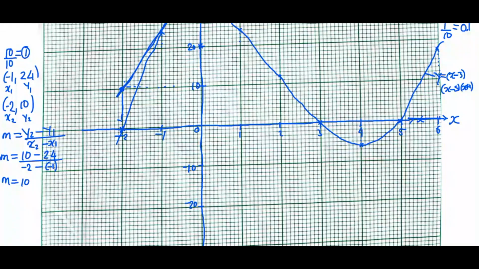So 10 minus 24 is -14 over here. We know that this negative will add, so it gives us -2 plus 1. So it's -14 over -1. Gradient is equal to +14. So this is how you can find the gradient using the coordinate form.